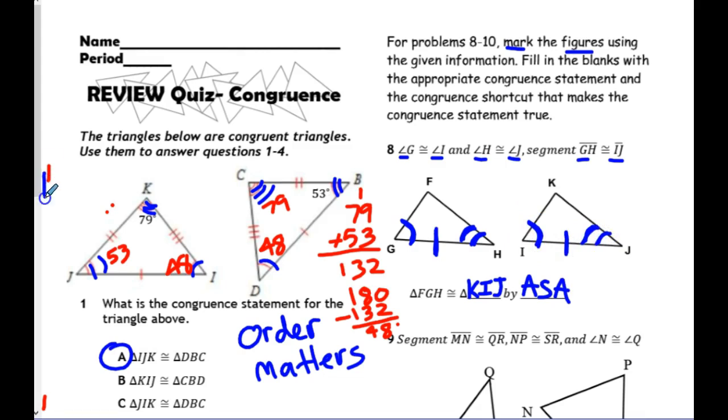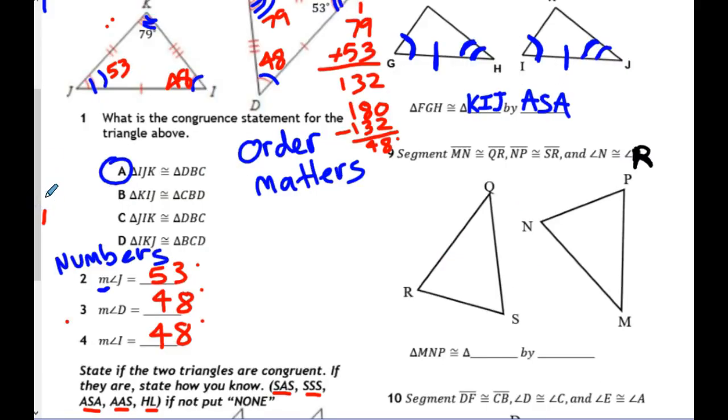Looking at number 9, it says segment MN is congruent to QR, so we'll put tick marks. Then it says NP is congruent to SR, so that's 2 ticks. And then it says angle N is congruent to angle R, so angle N has an arc, angle R has an arc.